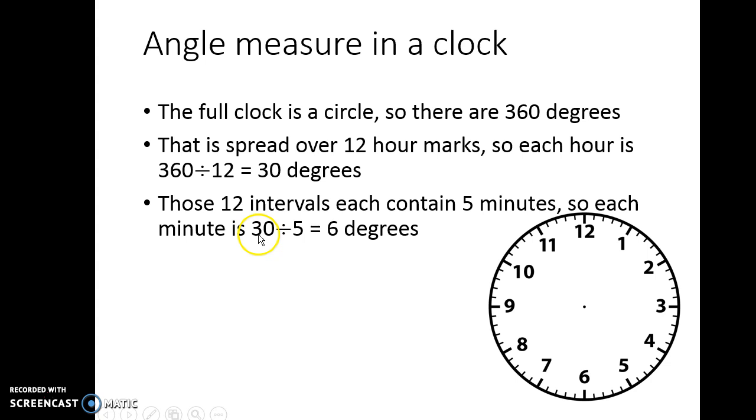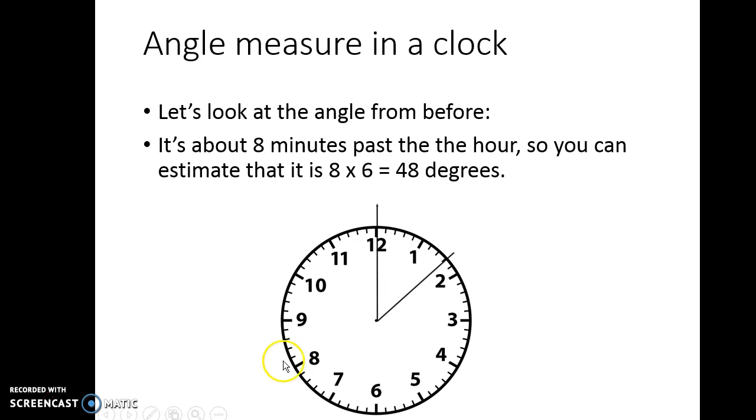You're hopefully thinking about dividing that 30 up into those 5 groups and getting 6 degrees. So if there was an angle where the hour hand, let's say, was pointing up at the 12, and the minute hand was pointing to 1, that would be the time 12:01, then that angle by those minute hands would be only 6 degrees.